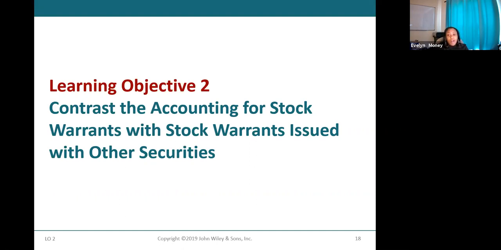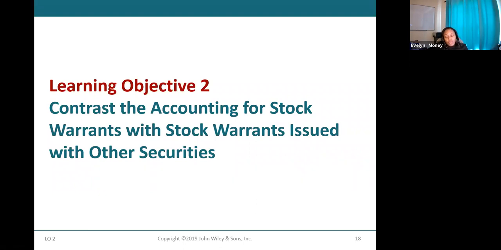Now let's move on to stock warrants. And remember, a stock warrant is really just a piece of paper or an instrument that gives the holder the option to purchase stock at a certain price. A stock option is a type of stock warrant, and we may see stock warrants issued when a corporation already has stockholders, but they want to issue additional shares of stock.